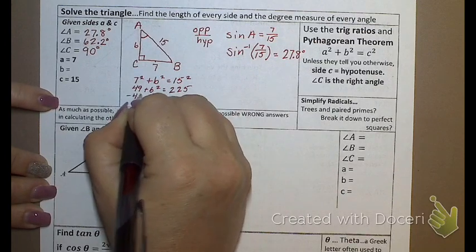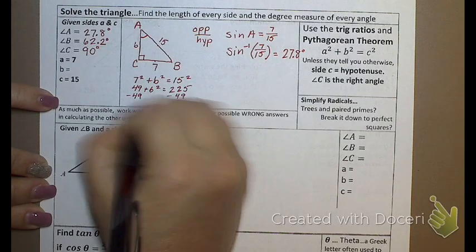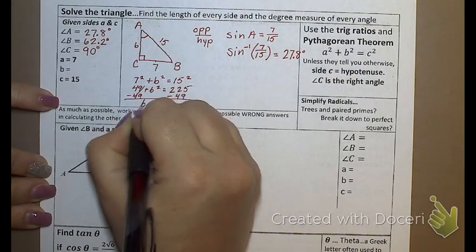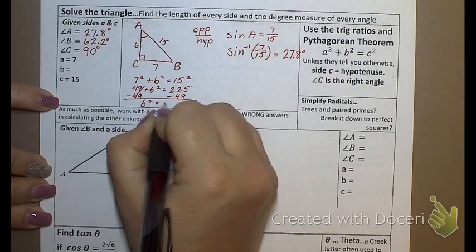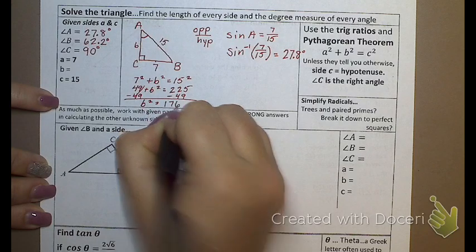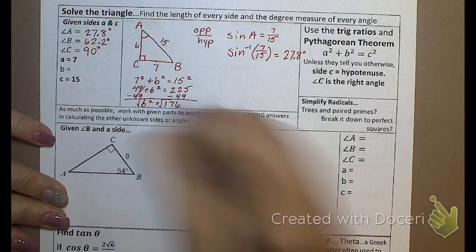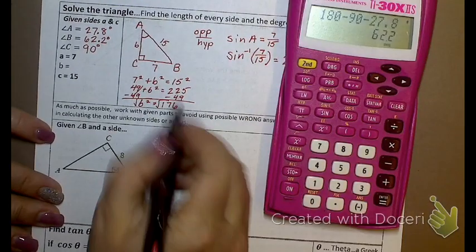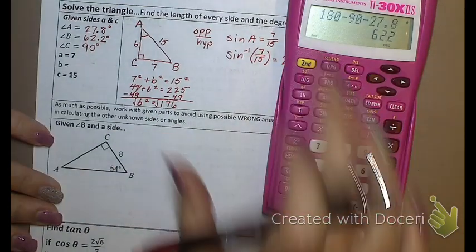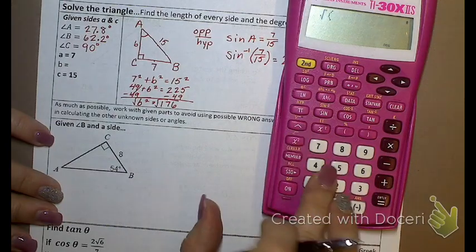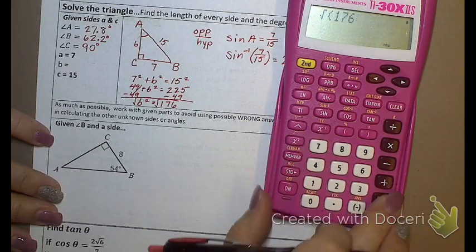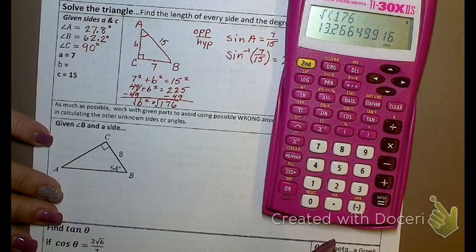Subtracting 49, I get b squared is equal to 176. How am I going to find what b is? Square root. So, the square root of 176 is 13.3.